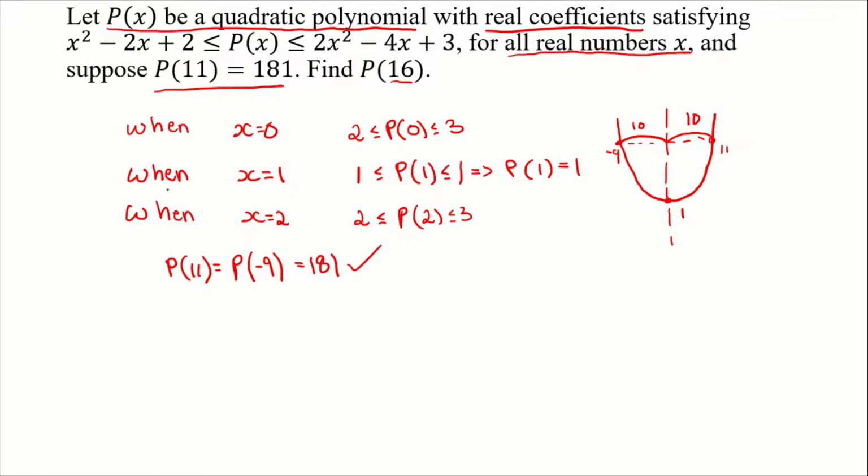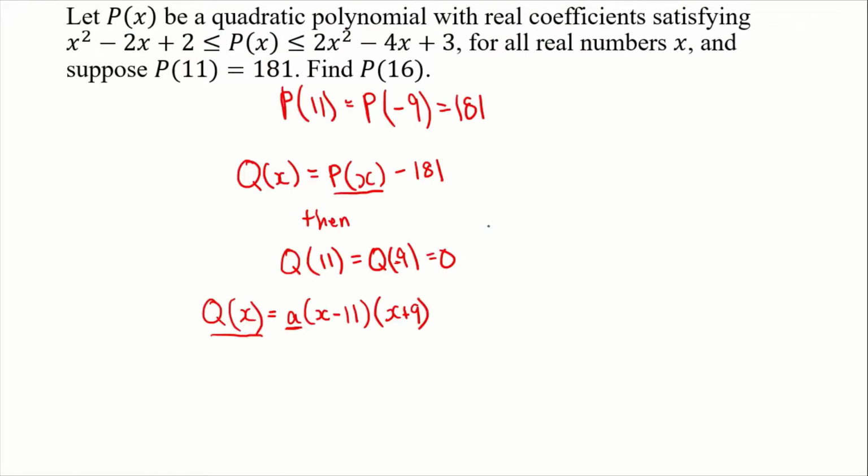Over here, we found that when x equals 1, p of 1 equals 1. So we've got one more value that we can try and plug in. So let's try and do that.